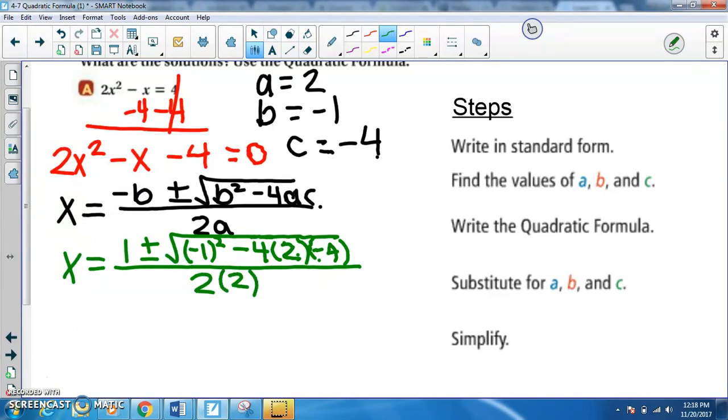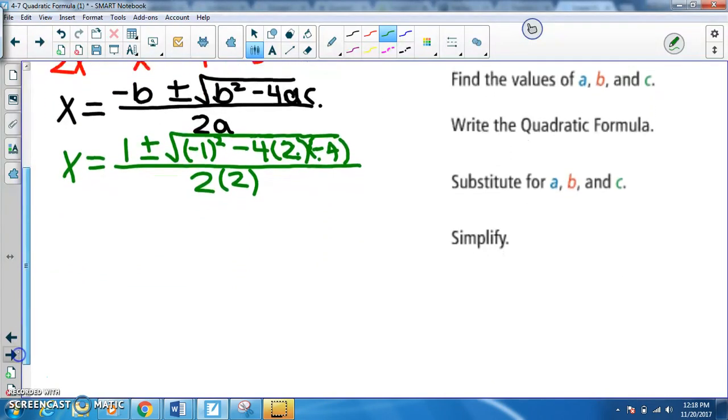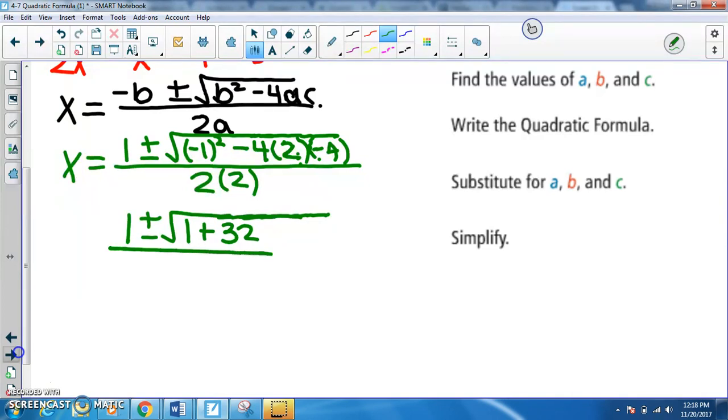Now we evaluate. We need to remember PEMDAS. So we're going to work inside first. This -1 squared is 1. -4 times 2 is -8, times -4 is +32. All over 4.